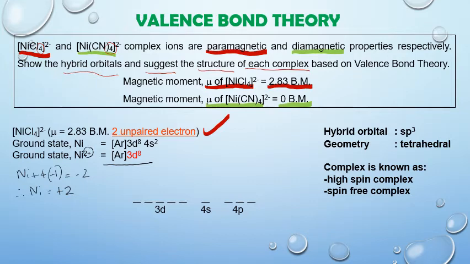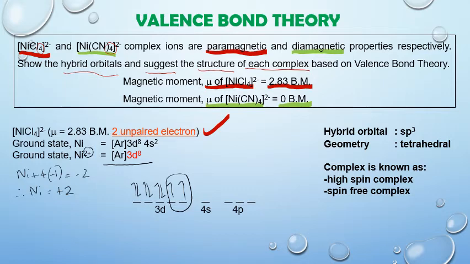There are 8 electrons. So referring to Hund's rule, we need to fill in electrons in the 3d orbitals: 1, 2, 3, 4, 5, 6, 7, and 8. And then what we can see here, these 2 electrons remain unpaired. So this is proved by the magnitude of the magnetic moment, 2.83 BM.